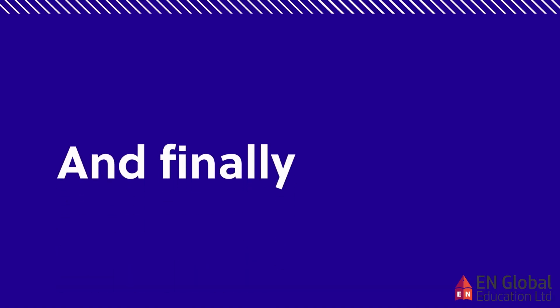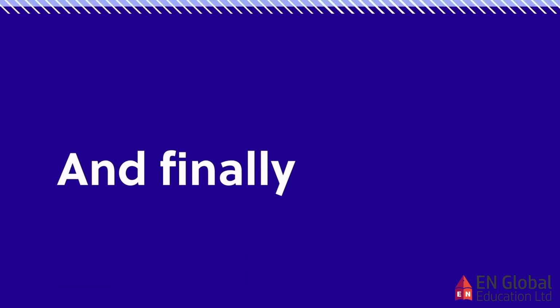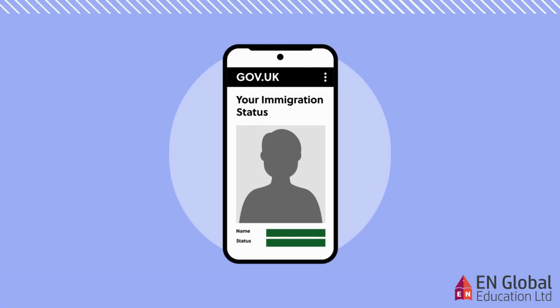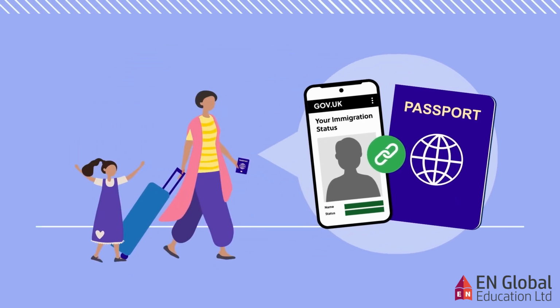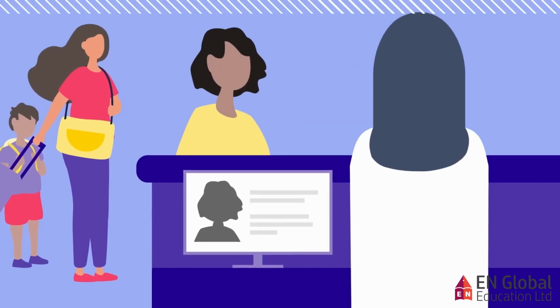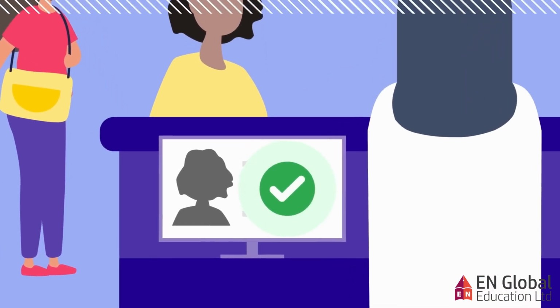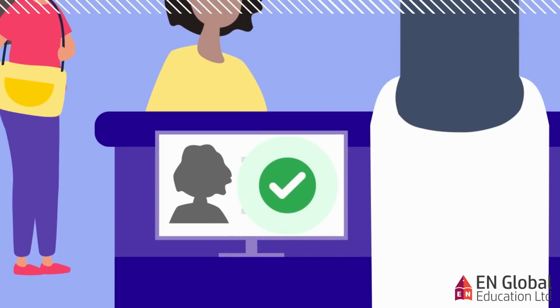And finally, when your account is created, your eVisa will be linked to the identity document you used to create your account. If you are planning to travel outside the UK, you must check your current travel document is linked to your eVisa before you travel. This will ensure you have the smoothest journey when boarding to return to the UK.